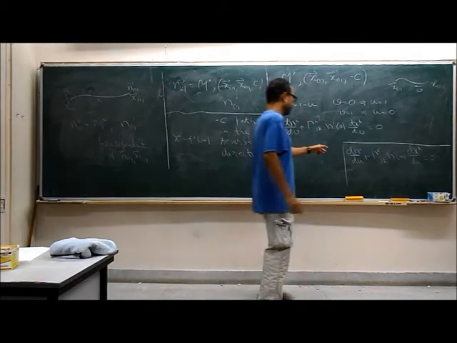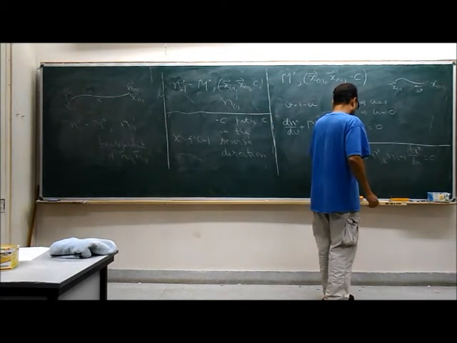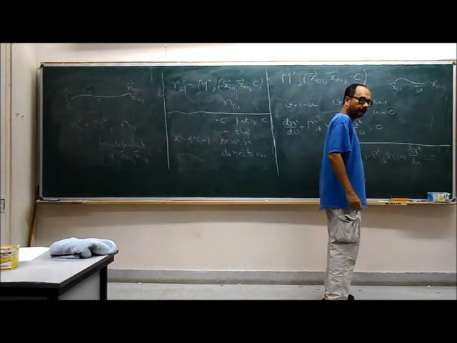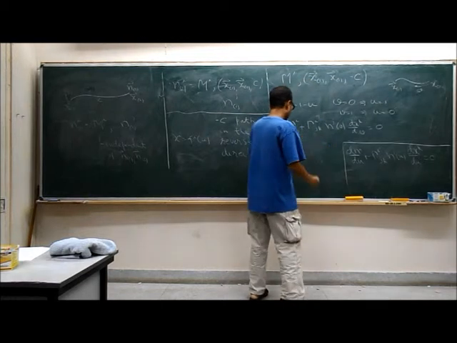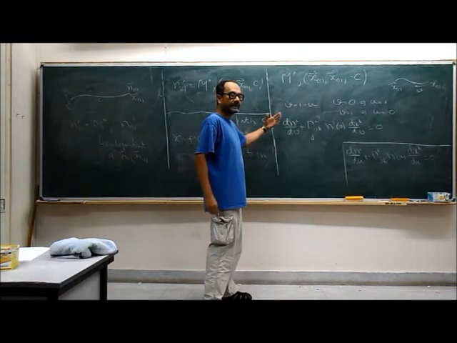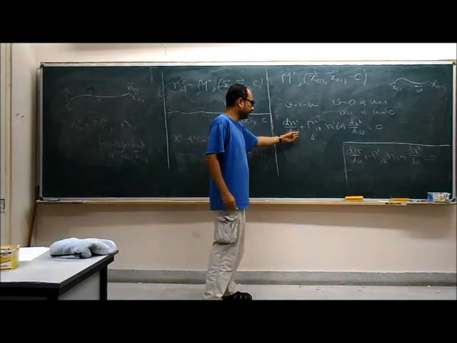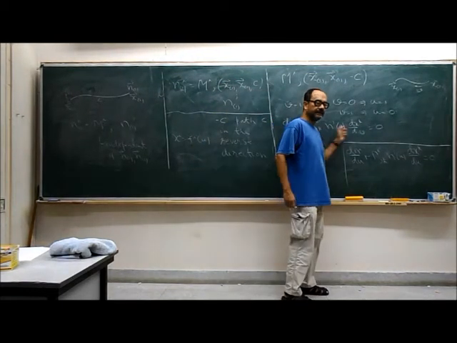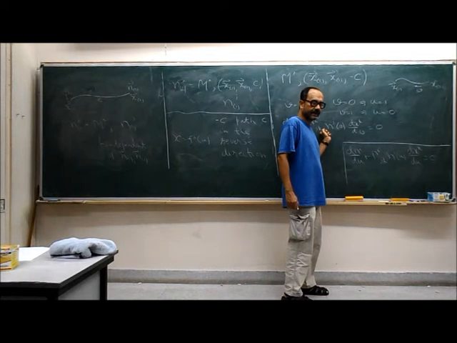But if you now make the substitution v goes to 1 minus u, this equation becomes identical to the original equation, right? Because that change doesn't change the equation. The form of the equation remains the same.